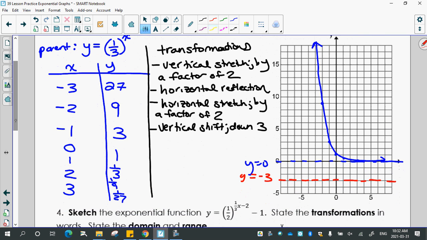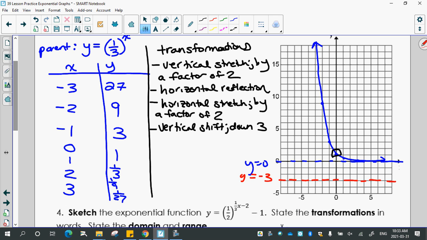All right, so we're going to do our transformations the best we can here. So start off with 0, 1, we move first. So vertical stretch by a factor of 2, so I'm going to double my distance away from the x-axis, so I'm up at 2. Horizontal reflection, left or right from the y-axis, I just stay on the y-axis for this one.